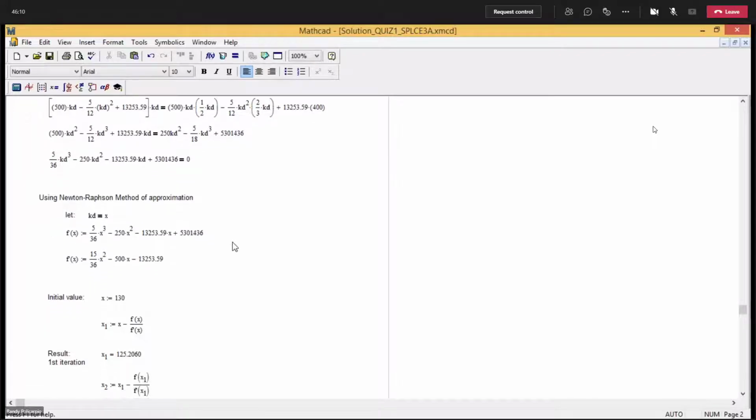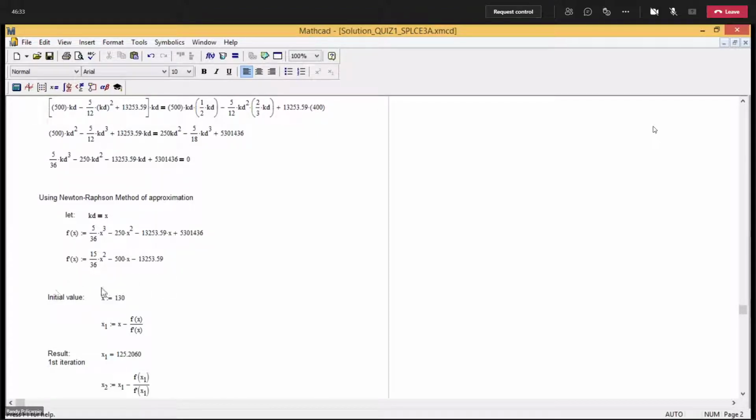Okay? So ang gagawin mo dito, equate mo yung equation mo as a function. So ang ginawa ko dito, I equate KD to x. So I designate this equation as f of x, and then you get the first derivative.